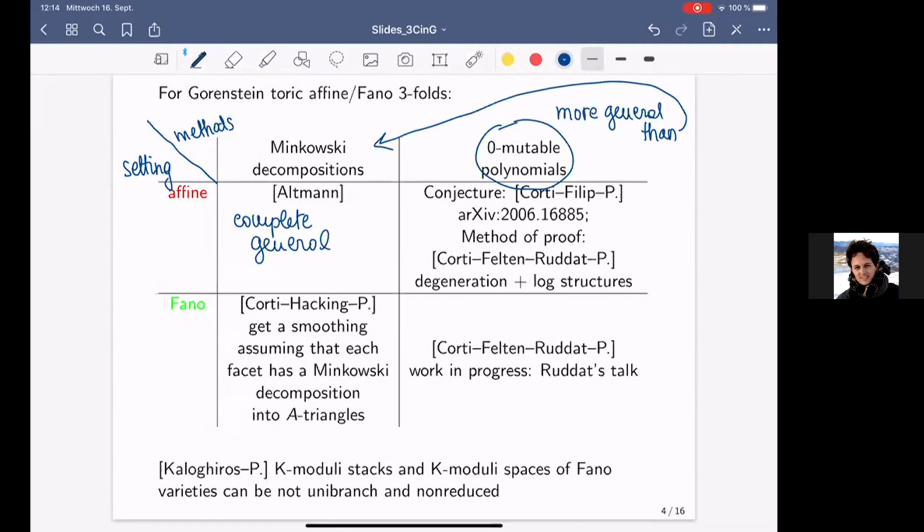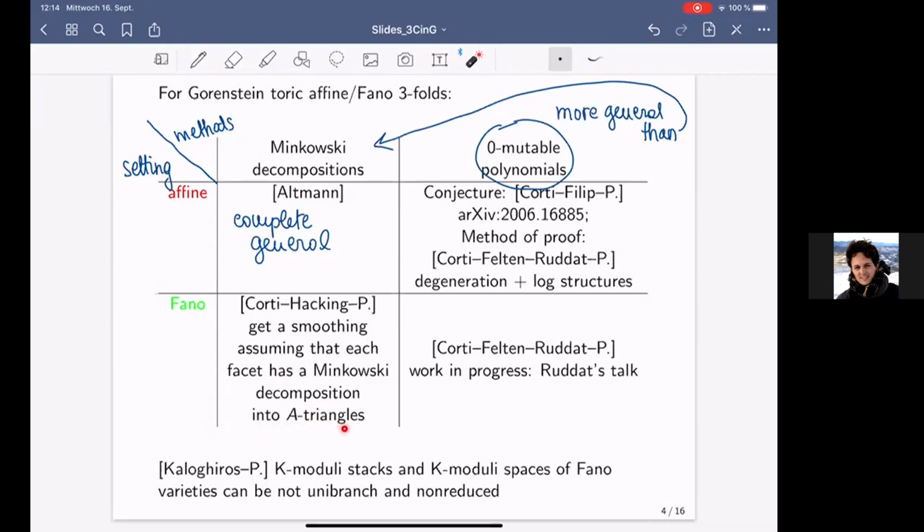Okay, and starting from this, in the Gorenstein threefold case, in a joint project with Alessio Corti and Paul Hacking, basically we construct a smoothing of a Gorenstein toric Fano threefold, assuming that each facet of our polytope has a Minkowski decomposition where the Minkowski summands are of particular type.